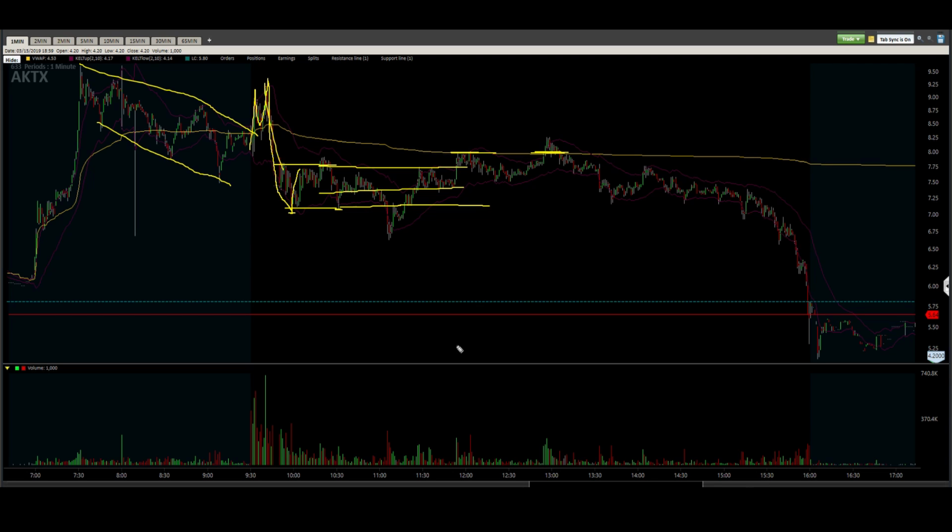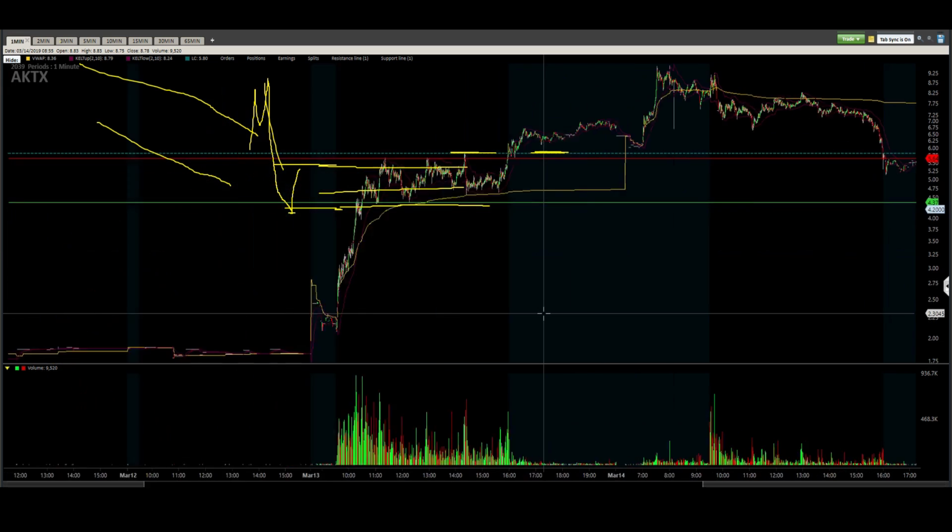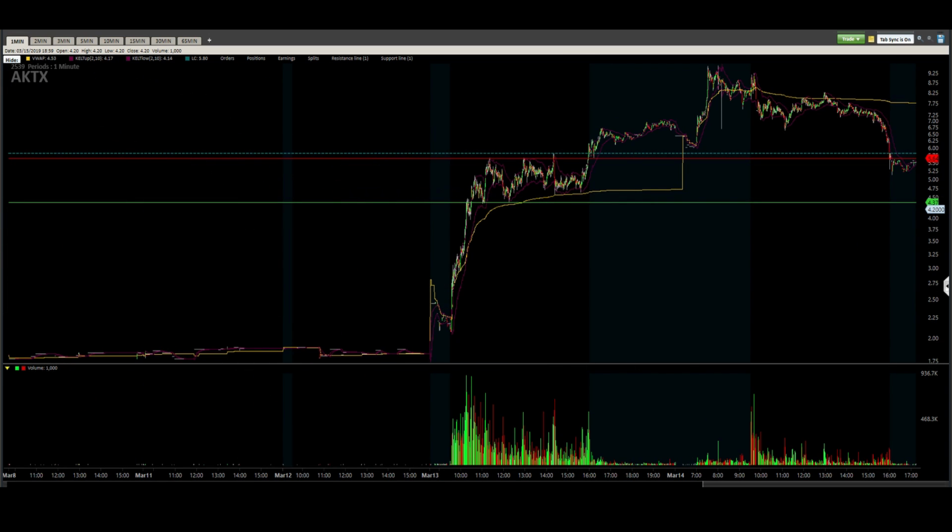What other stocks are popping off and having great days? If there's multiple stocks popping off and spiking and running huge, that's going to take away volume every minute that this stock isn't performing, because traders are going to go where the money is. And on this day, let's see, this was AKTX.